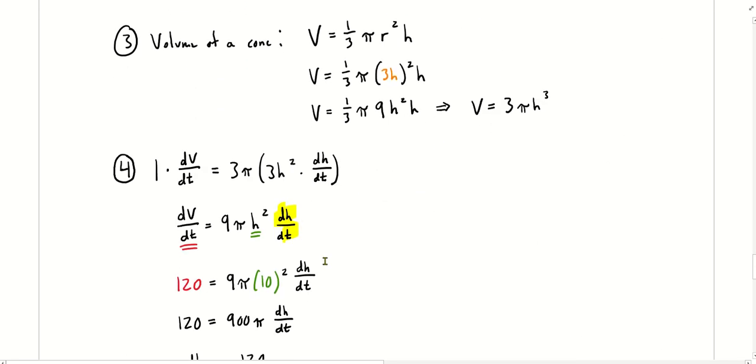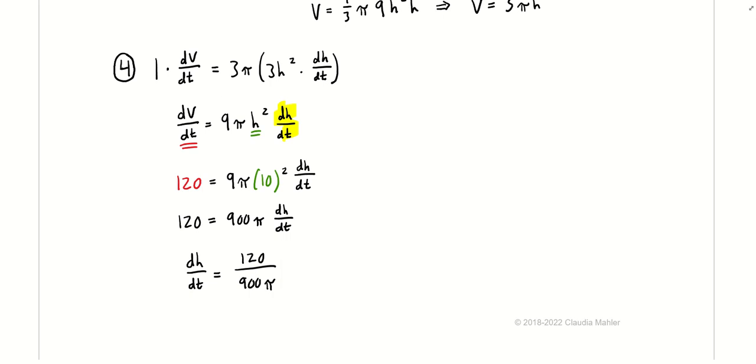We can leave this as it is if we want to. We can simplify it if we want to. Either way is fine. I could write this as, what is that, 2/15 pi.